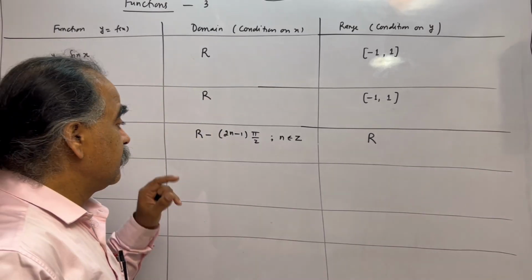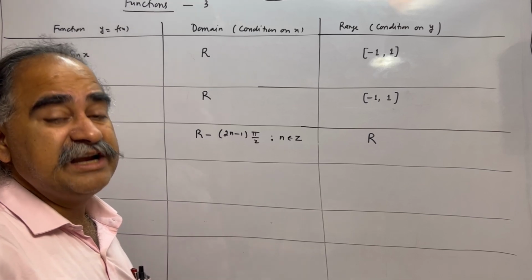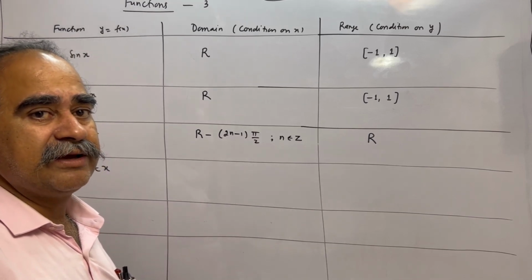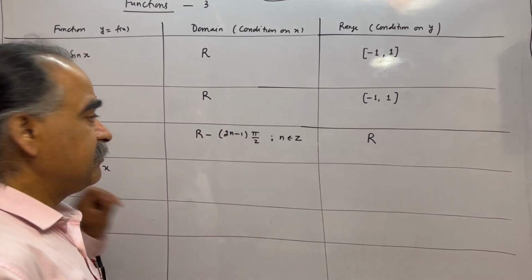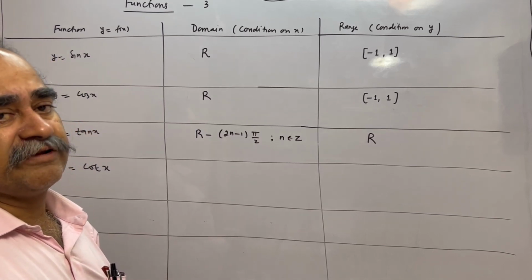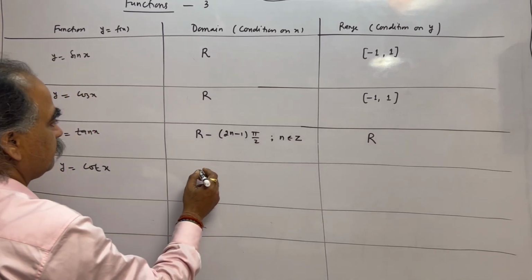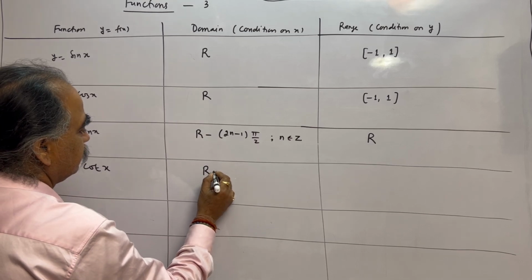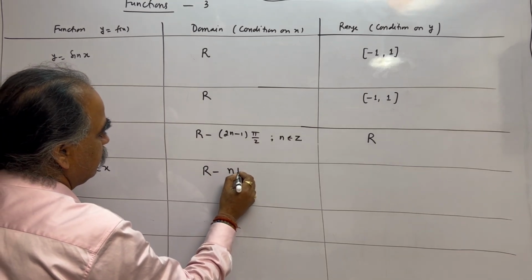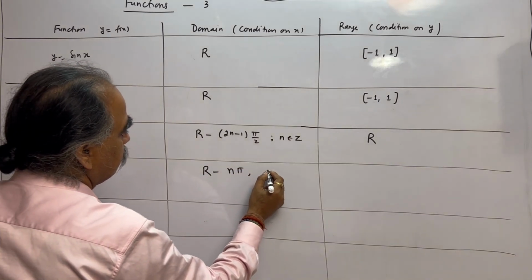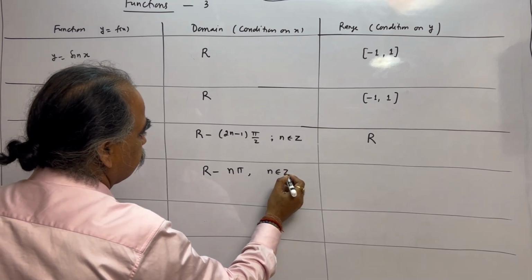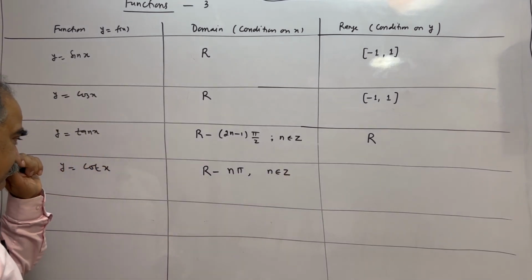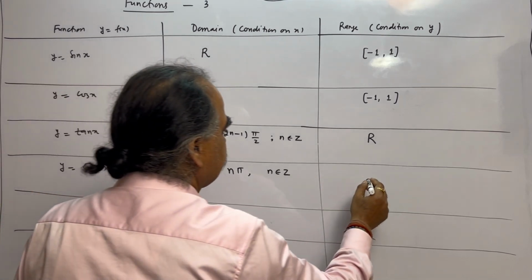That means integral multiples of pi, where sine becomes 0. So cot is not defined. Domain is R minus n pi, n belongs to integer. And the range will be the entire real line.